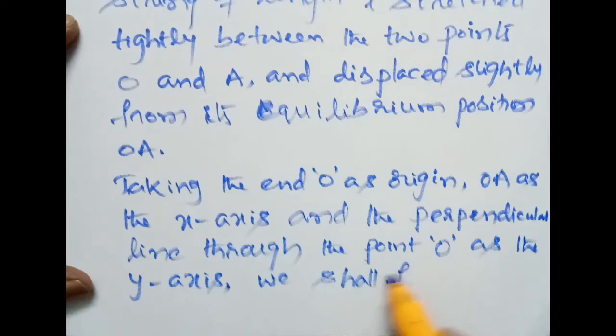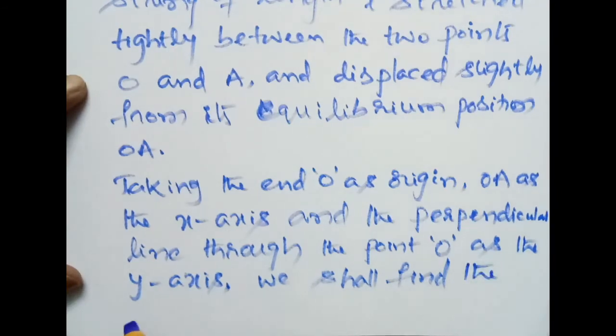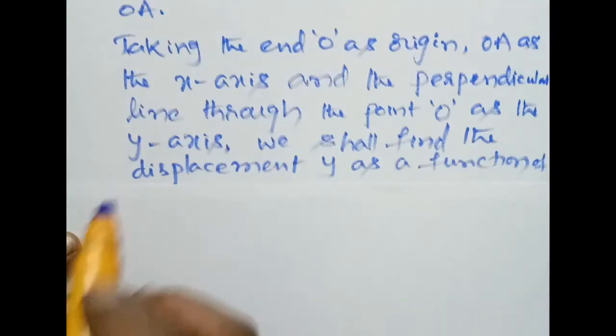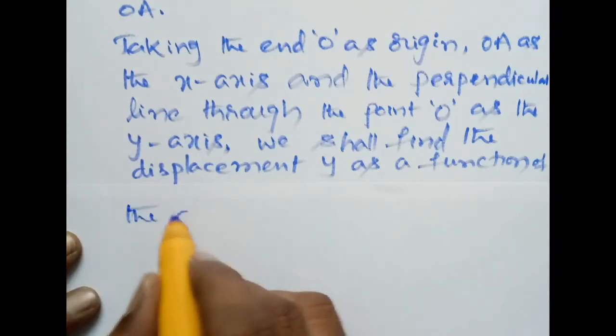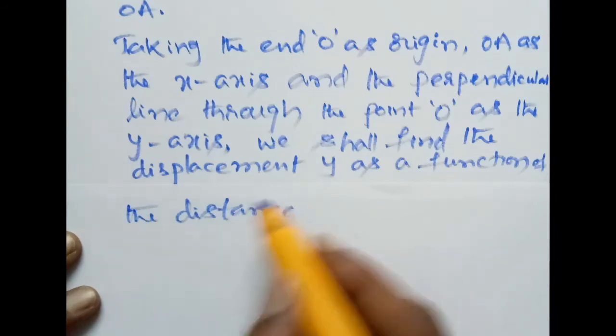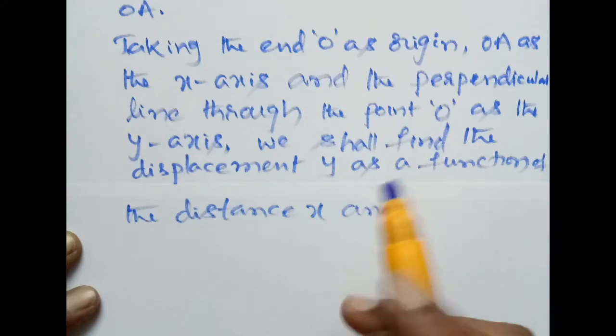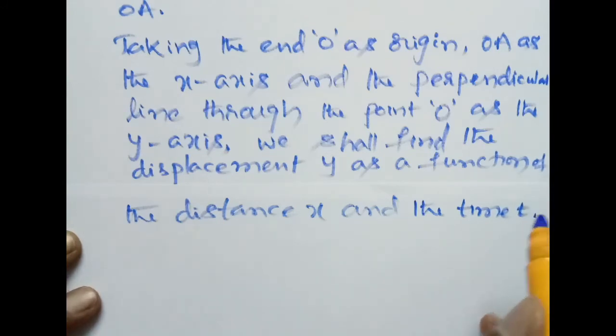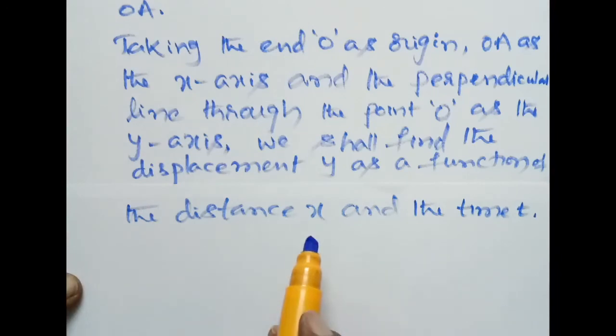We shall find the displacement y as a function of the distance x and the time t. That is, y is a function of x comma t.